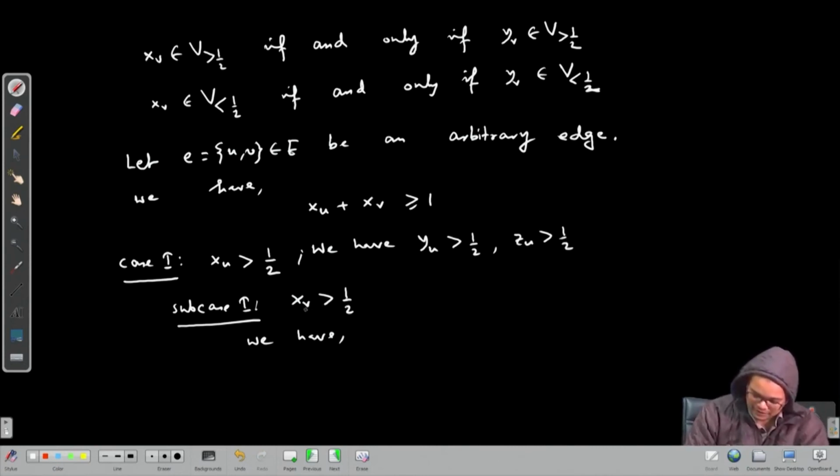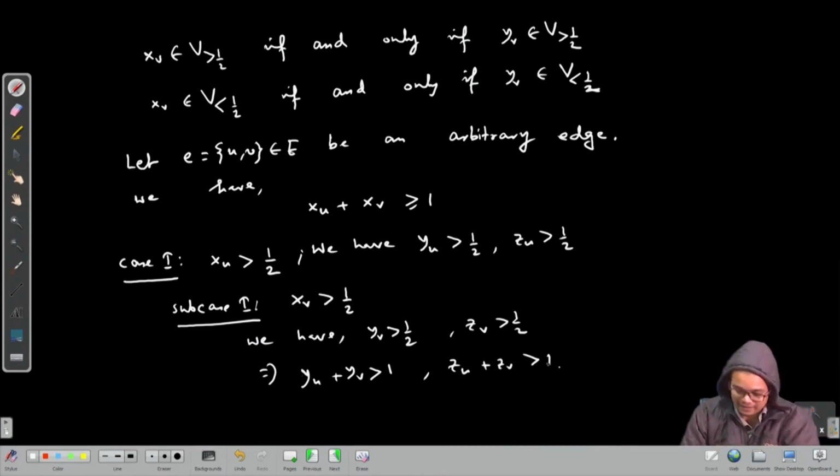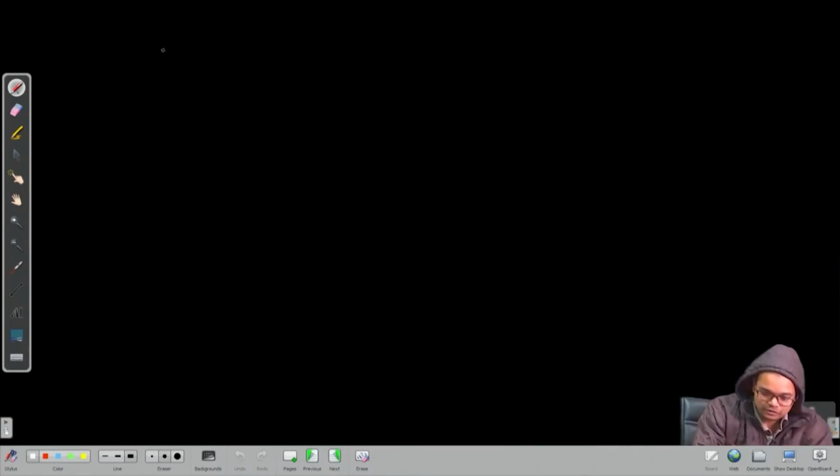If x_v is greater than half, we have y_v is also greater than half and z_v is also greater than half. Hence, this implies y_u plus y_v is greater than 1 and z_u plus z_v is greater than 1. For this case, it is satisfied. Let's do the next sub case.